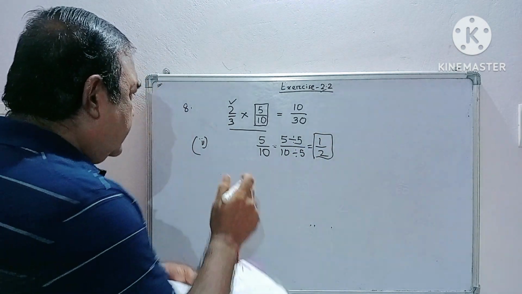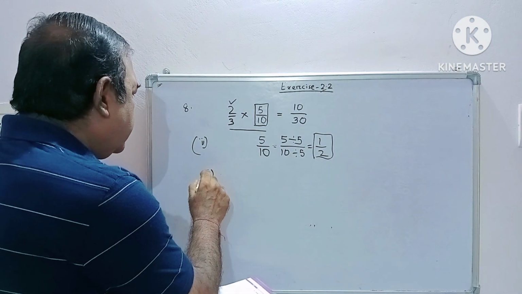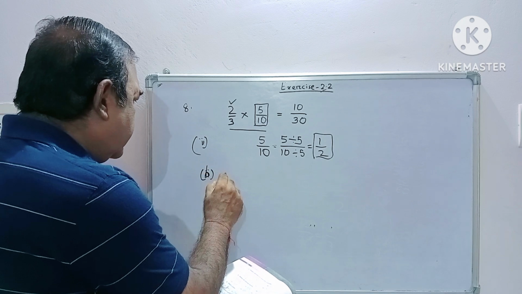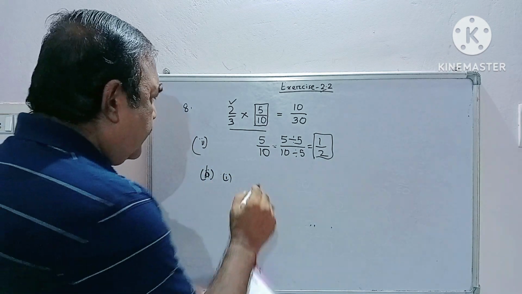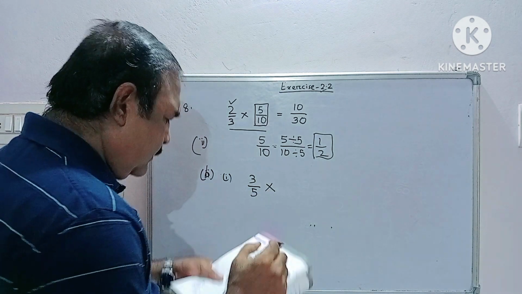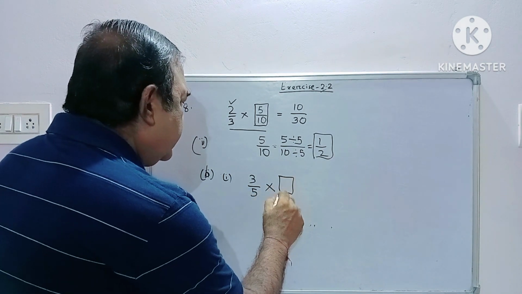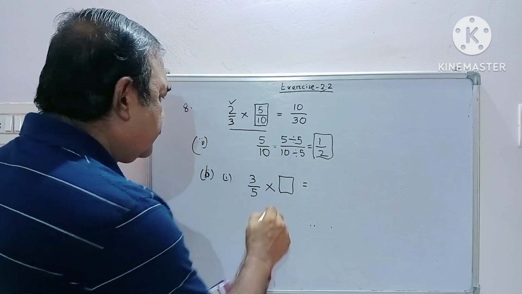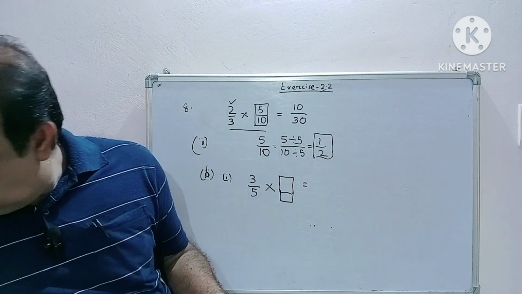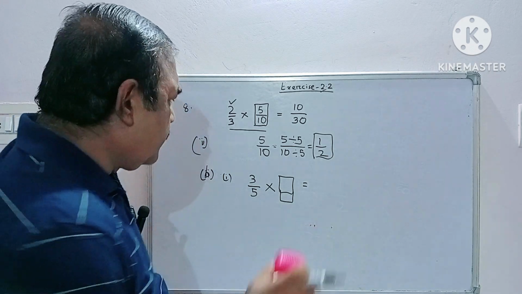Next one, part B. 3 upon 5 into dash is equal to 24 upon 75.